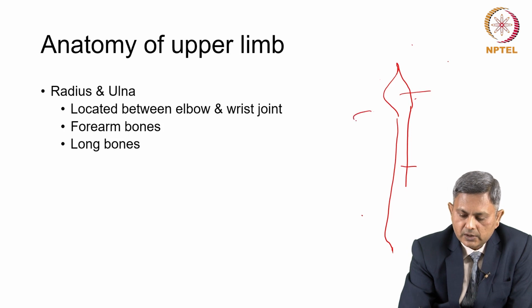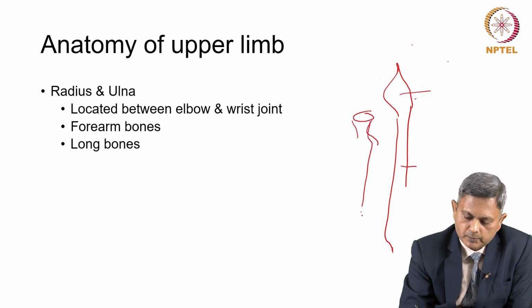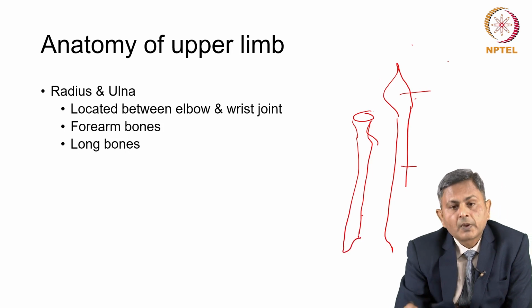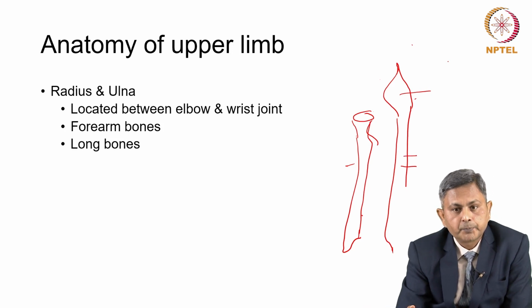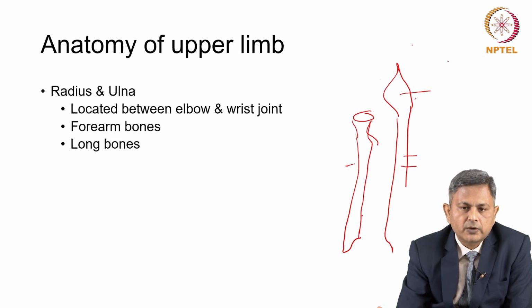And same with the radius bone. These are the two bones. Radius is a lateral bone, towards the thumb side, and this is our ulna bone, which is towards the little finger side. Both are long bones, and their length depends on the height of the individual.